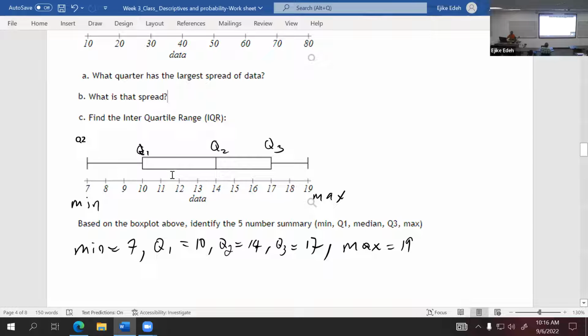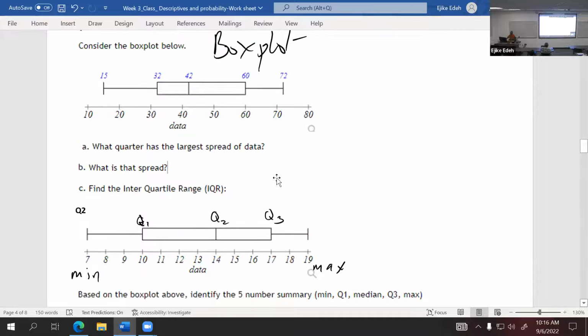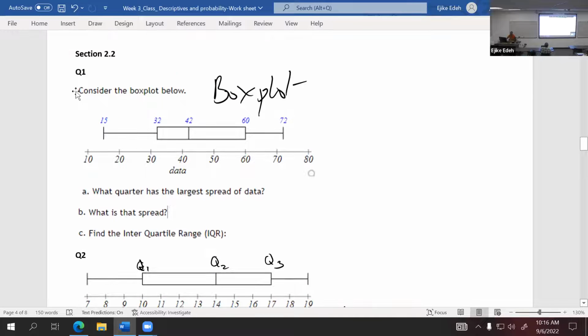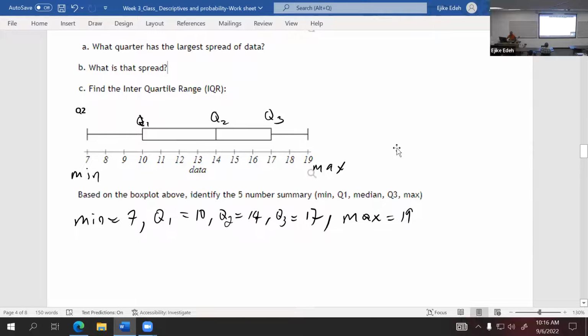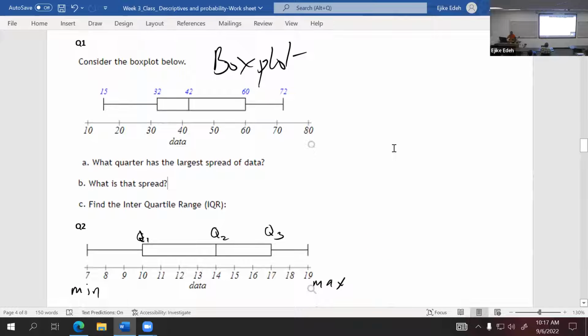All right, but that kind of maps out where the question of box plot is. The one that will give us a little thinking will be the first question. So let's move back to question 1. The first question says, what quarter has the largest spread?